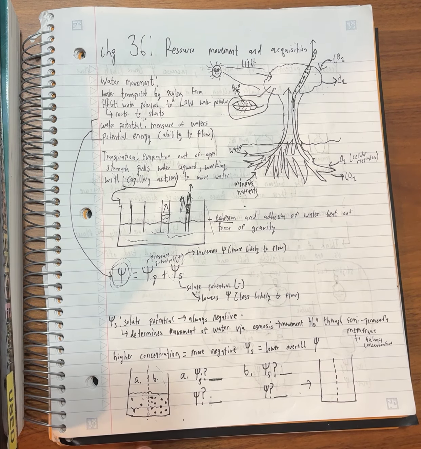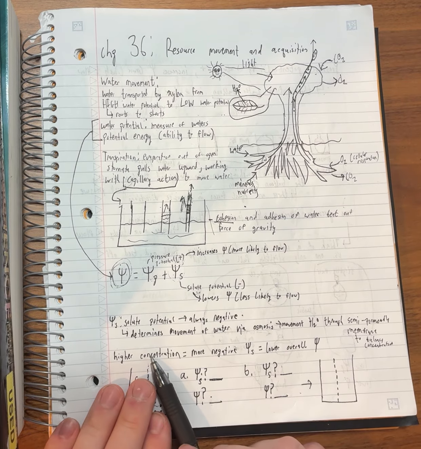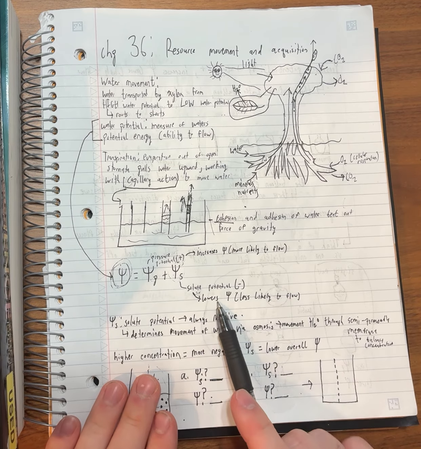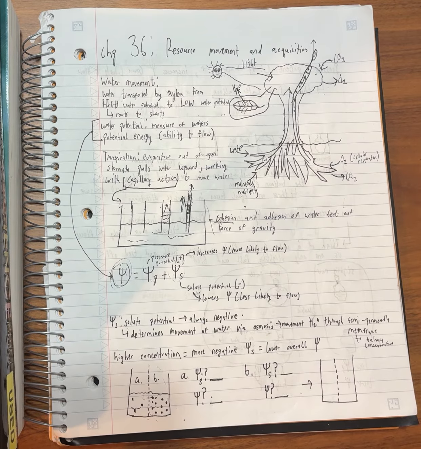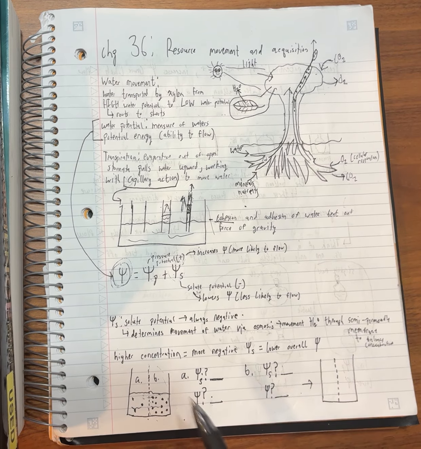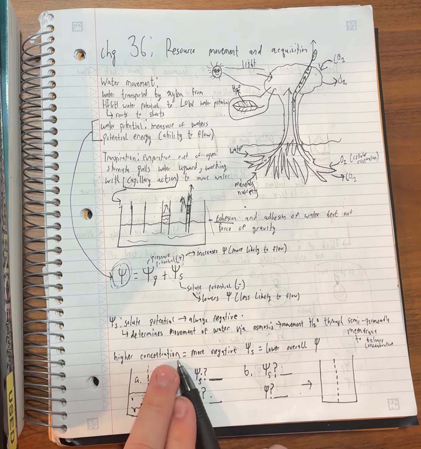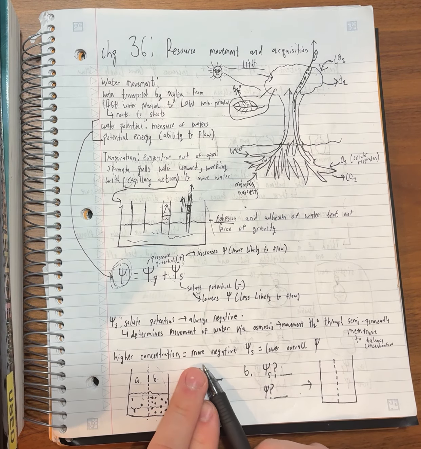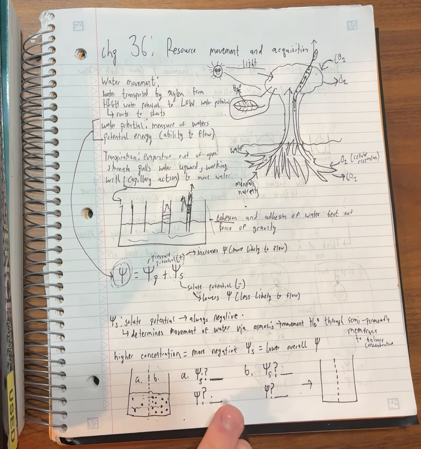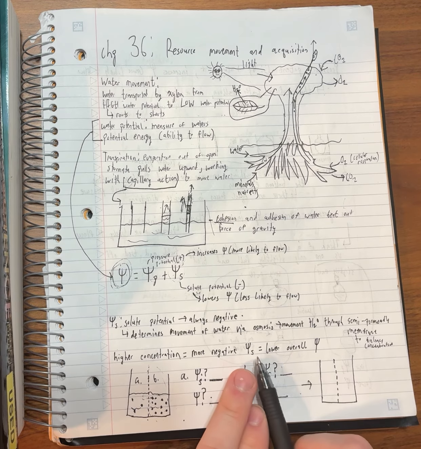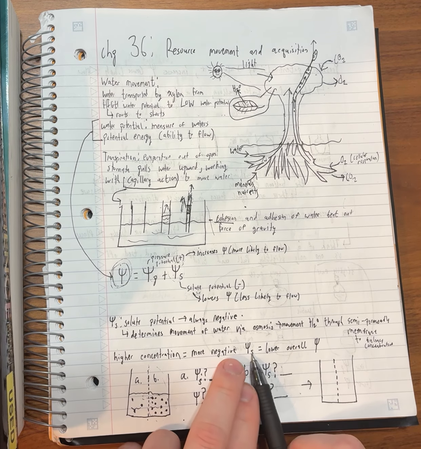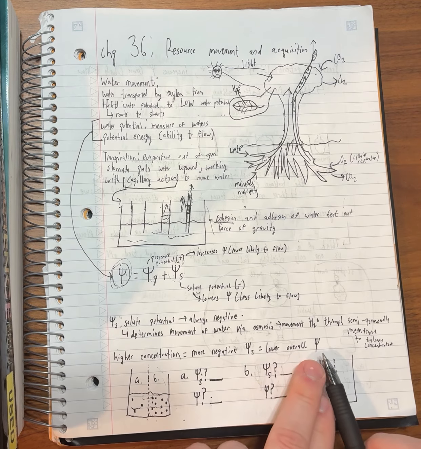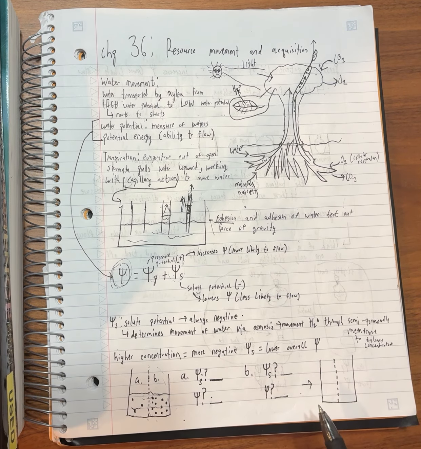So I'm going to start by saying, remember, solute potential is negative and lowers, means less likely to flow. So a higher concentration of ions is going to make the solute potential more negative. And if our solute potential is more negative, that means it's going to lower the overall water potential.